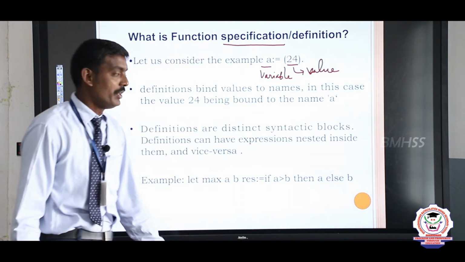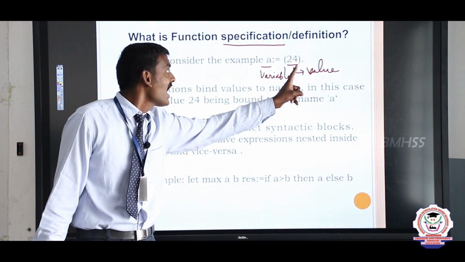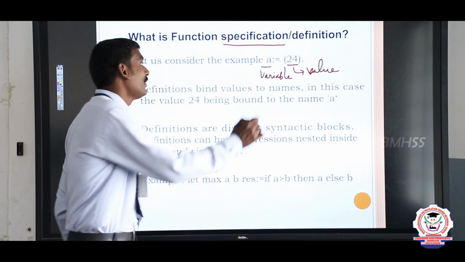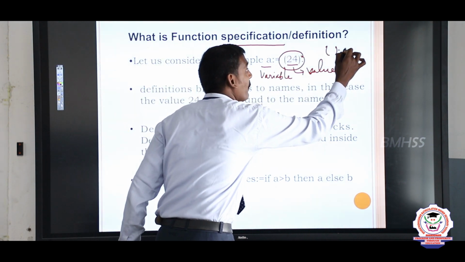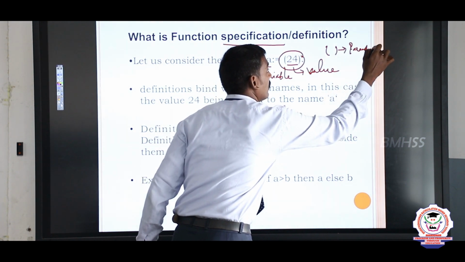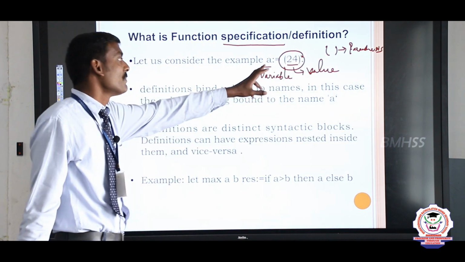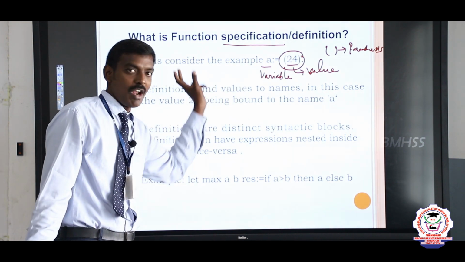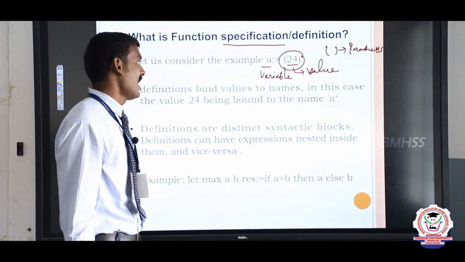That 24 is assigned to the variable a, and the 24 can be present inside the parenthesis. This parenthesis symbol represents the function definition, but assignment cannot be treated as a function definition, and the function definition cannot be treated as an assignment.